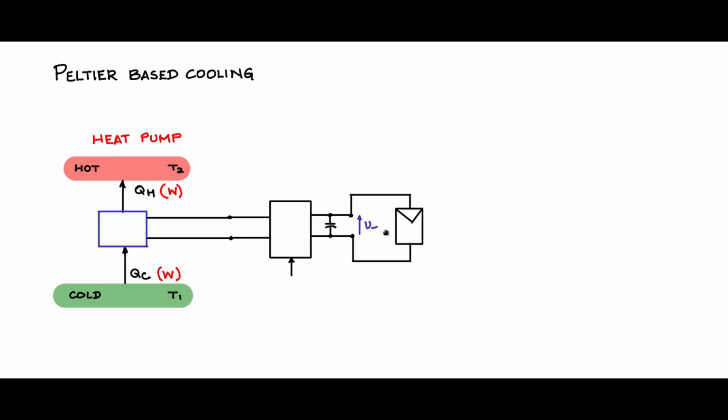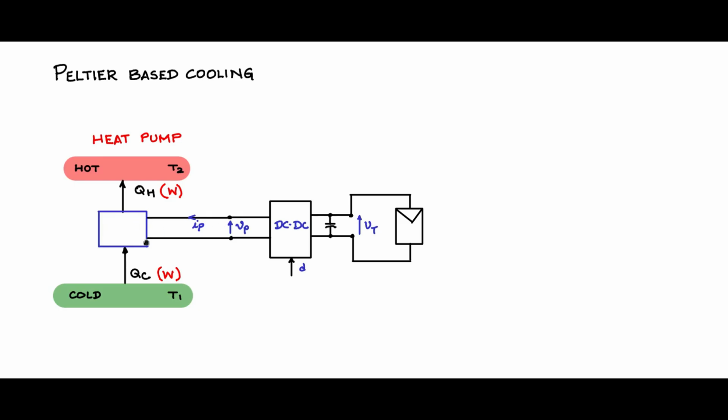So this is VT, terminal voltage of the PV module. You have the duty cycle, which will be used as the control input, and you have VP, the terminal voltage of the Peltier element. There is also another important parameter, IP, which is the current that is being fed into the Peltier element to achieve the heat pumping action.